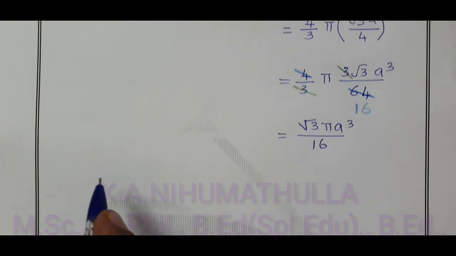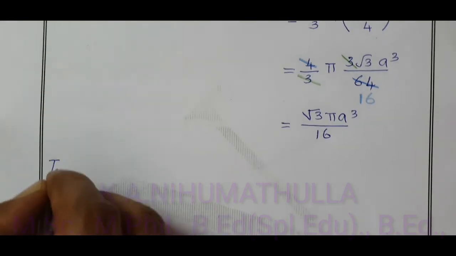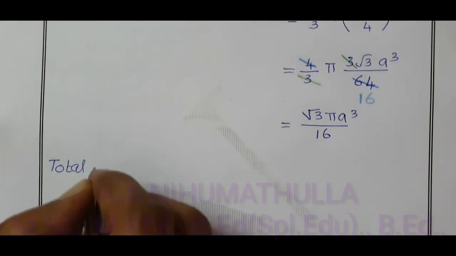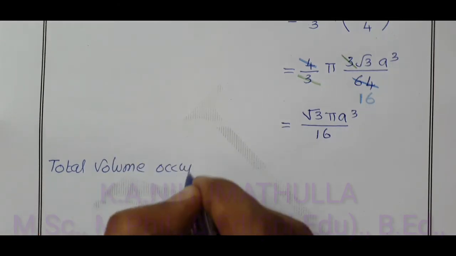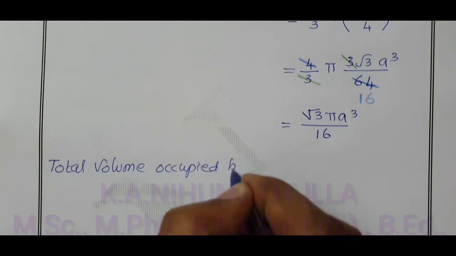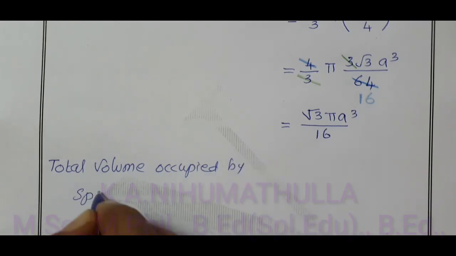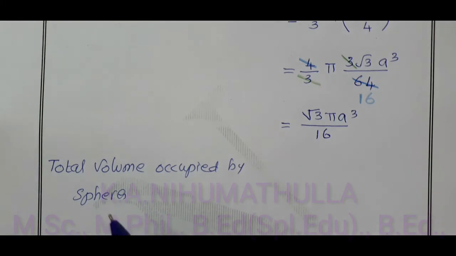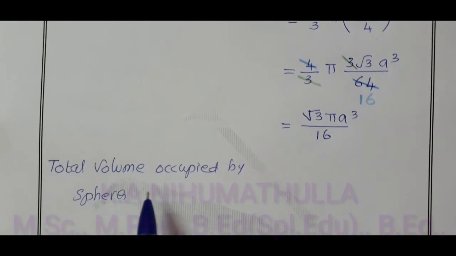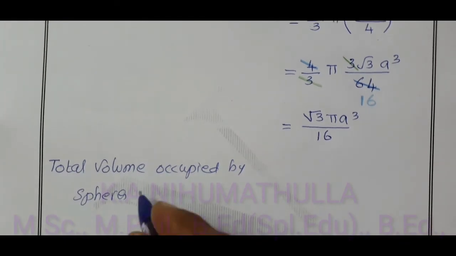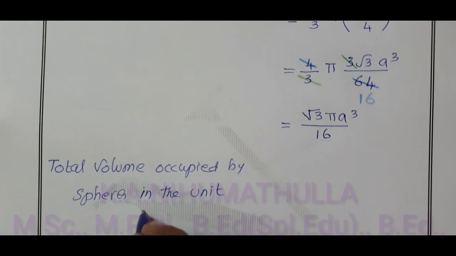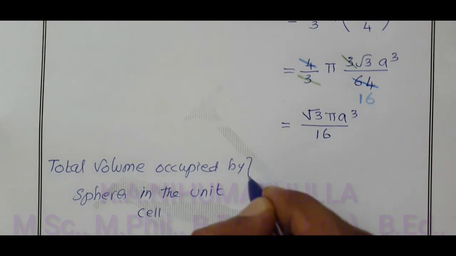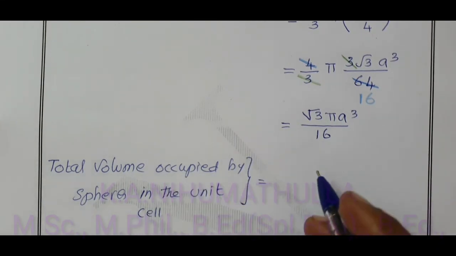Now, total volume occupied by spheres. So, total volume occupied by spheres in the unit cell is equal to, the word total indicates the total number of atoms.